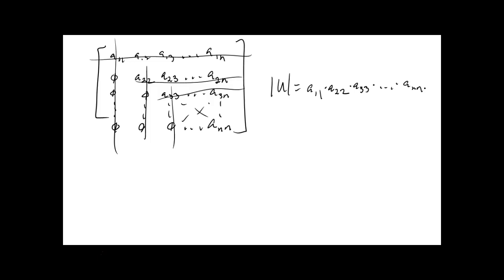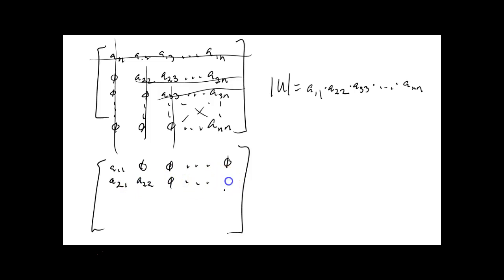And the same thing holds for a lower triangular too, okay? The lower triangular would look like this, A11. What would be next? Zero, zero, dot, dot, dot, zero, okay? A21, A22, 0, dot, dot, dot, 0.